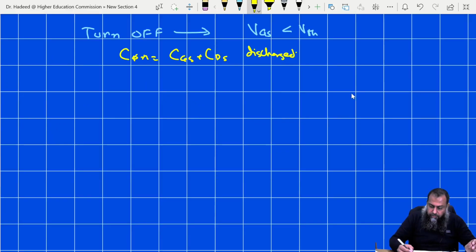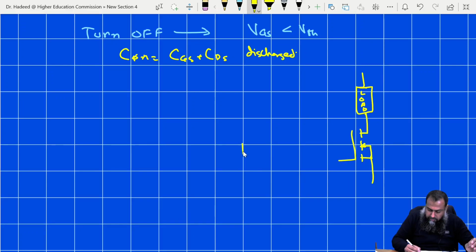So now the first circuit here is that, let us say we have this load, and here we have the MOSFET. Let us connect it with some source here. Let us say this is some controller. We have to use this resistance to limit the amount of current, just to safeguard the amount of current that this device can handle.